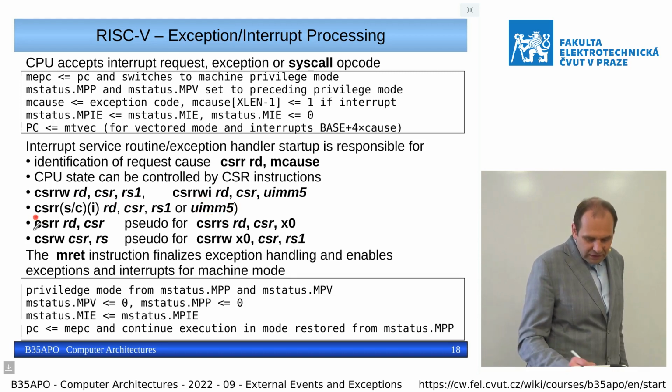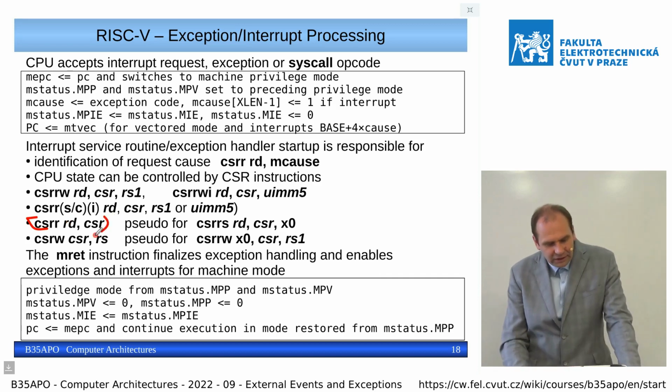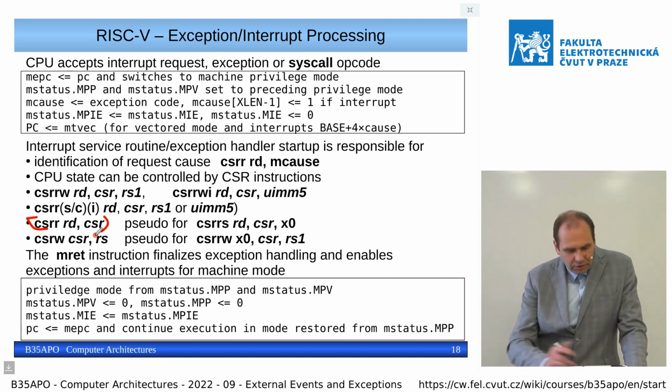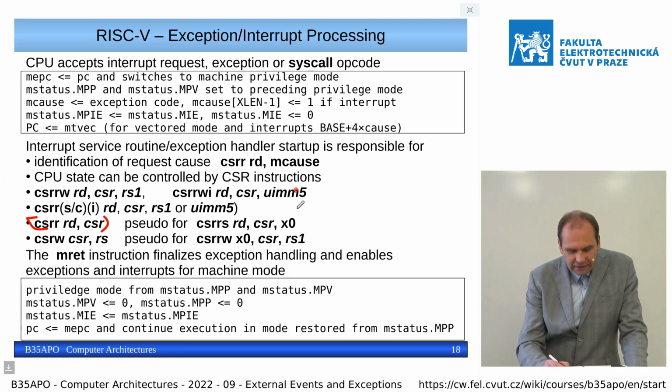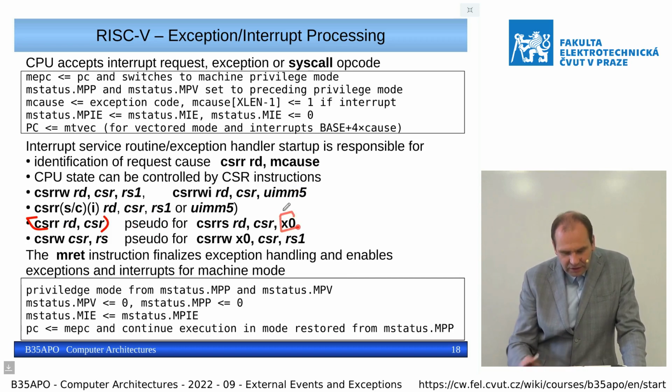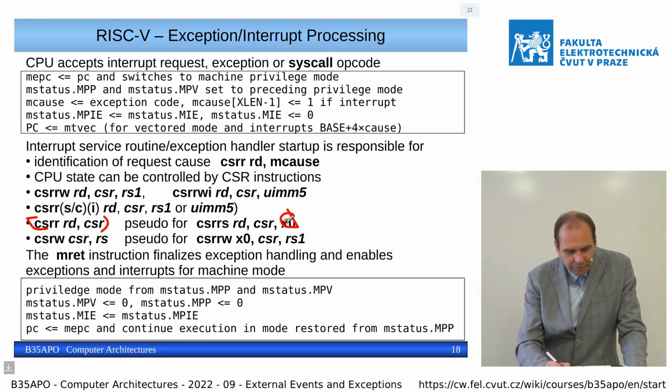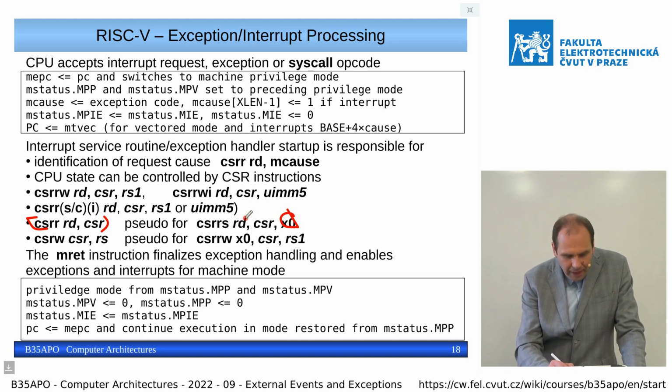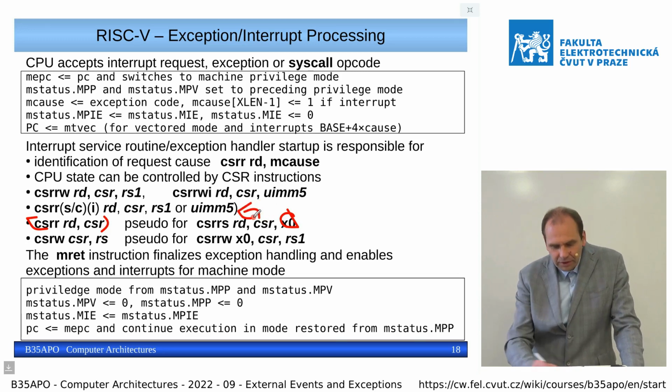And then there is a pseudo instruction which allows only reading the register, CSRR, control status register read, and it is defined as a write with the register x0. So in fact, because it is a fixed 0, this value is not applied to the control status register, and we only read the value.